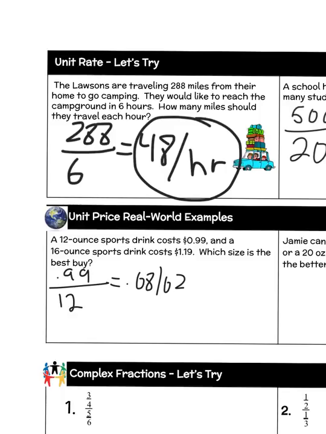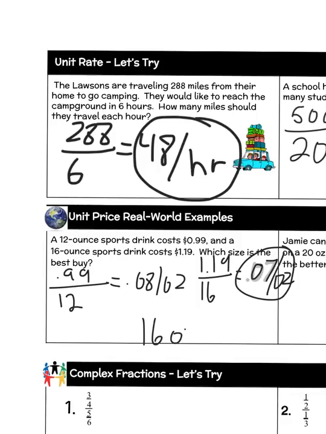For the 16-ounce one, we have $1.19 divided by 16 ounces equals 7 cents per ounce. Well, I accidentally wrote a Z instead of a 7. And then I accidentally used the highlighter again instead of the marker. All right. So the best buy would be the 16-ounce drink.